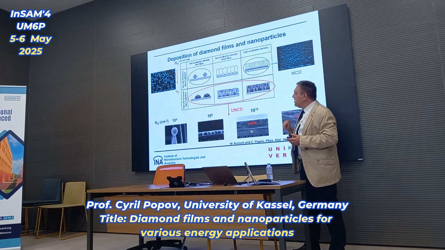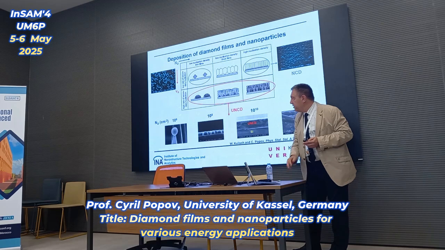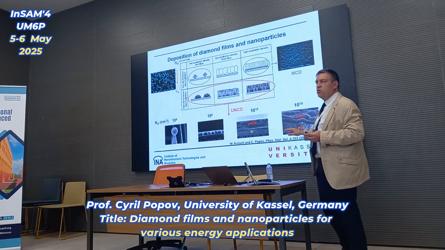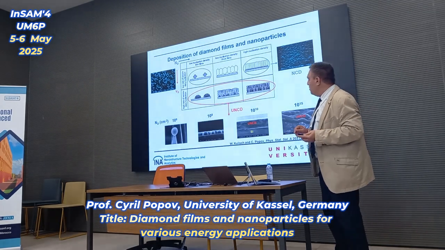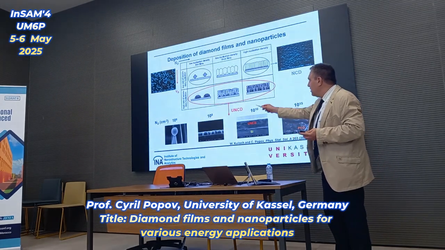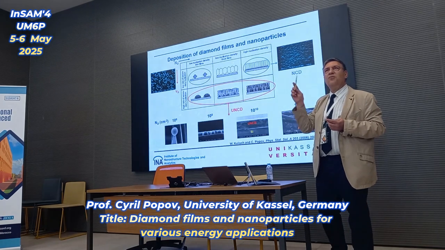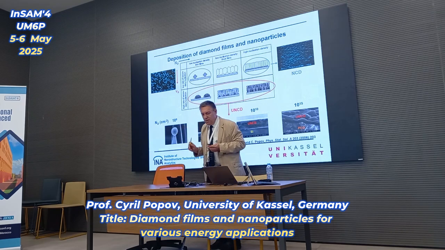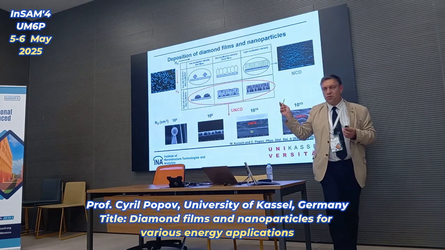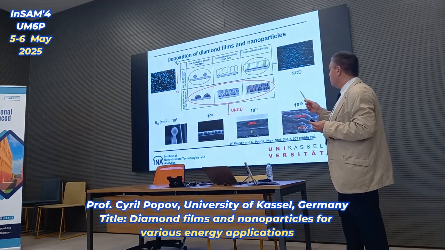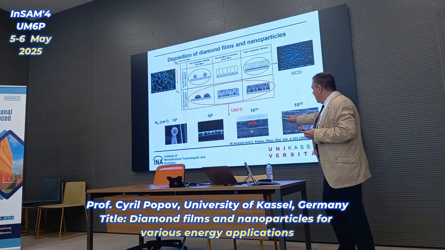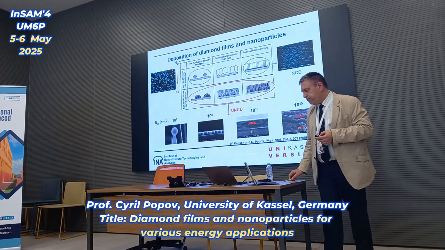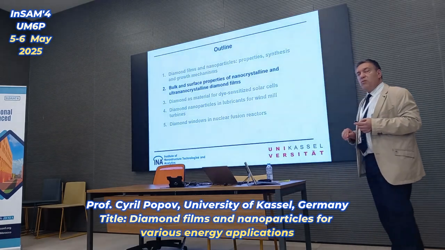So, increasing the secondary nucleation rate, we are coming to the ultra nanocrystalline diamond films, and there you see example also by variation of the nucleation density, single balls, so these are not single crystal diamond. So these are balls which are composed of some diamond crystallites. I will show you in details the properties of the ultra nanocrystalline diamond film, up to closed ultra nanocrystalline diamond film on silicon.